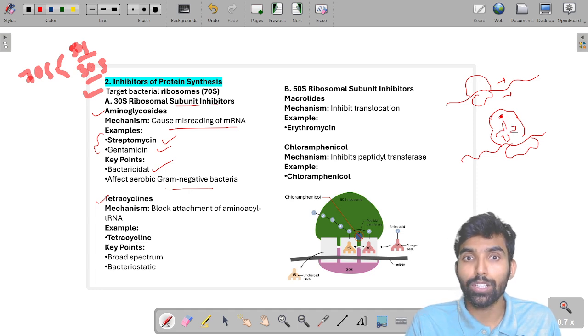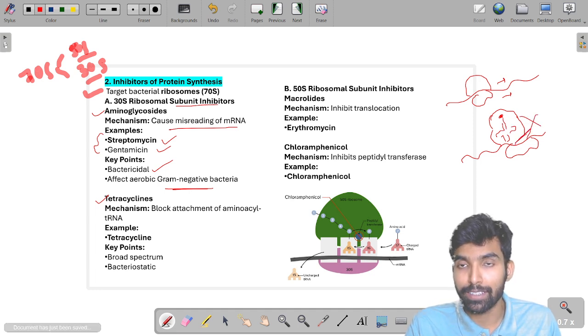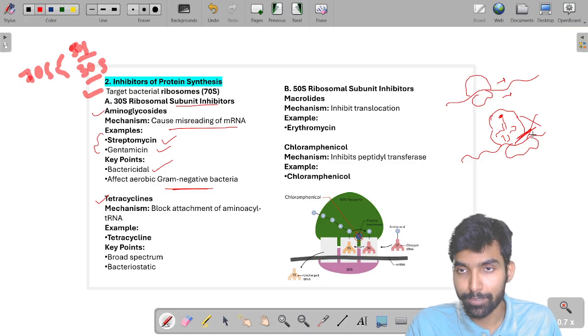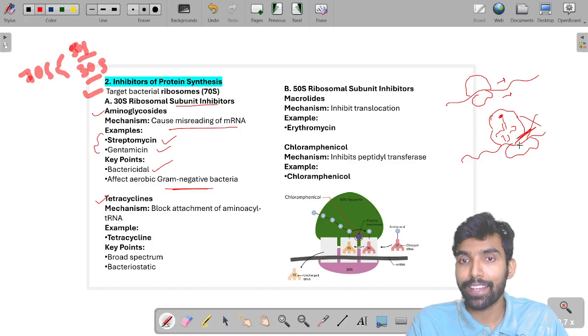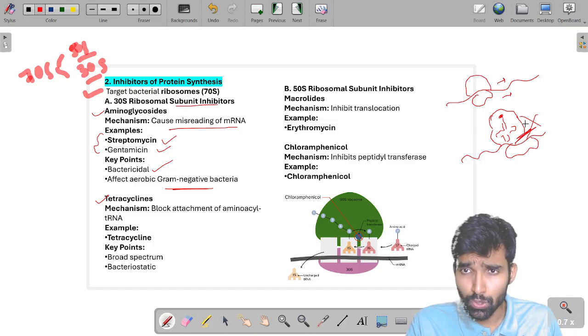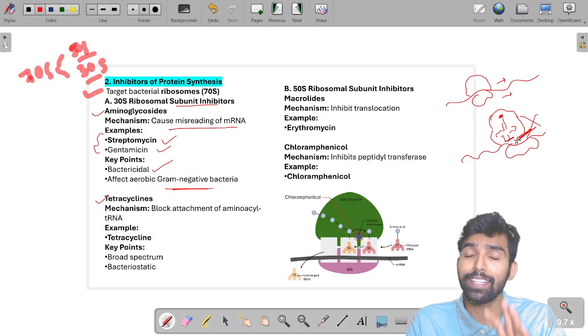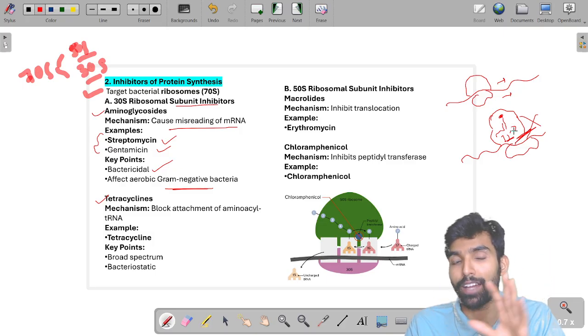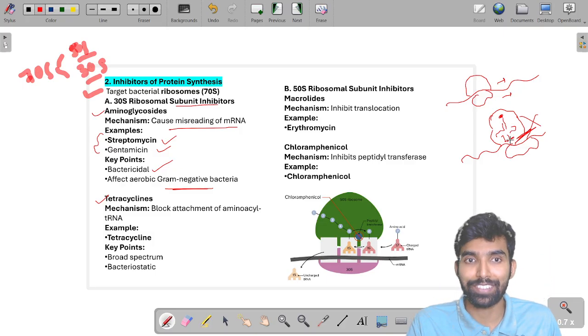The tetracycline will block the attachment at the A site. First is the P site, then the A site, then the E site, the exit site. The tetracycline mimics the tRNA structure and blocks another tRNA from coming. That's the role of tetracycline.